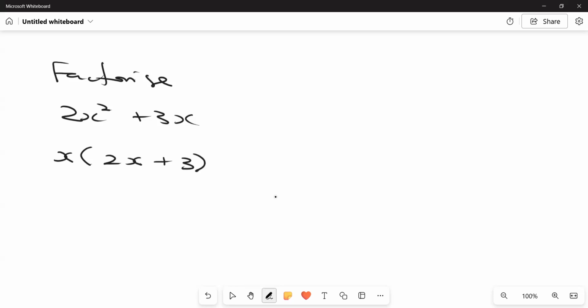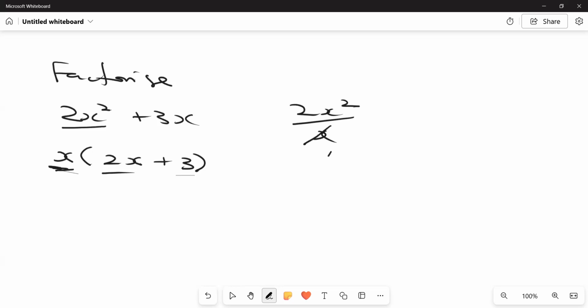So we look for the highest common factor. In this case, it's x, right? It can't be x squared because x can't be divided by x squared, but x squared can be divided by x. x can be divided by x, right? Keep that in mind. And how do I end up with these things in here? If you're not certain, take 2x squared divided by the x in front here.